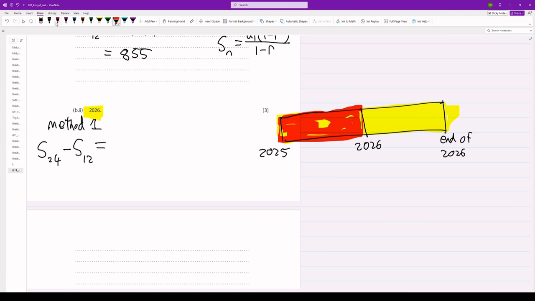Again, let's think about this. So the whole way across, all of that is the sum of the first 24 months. That bit is only the sum of the first 12 months.